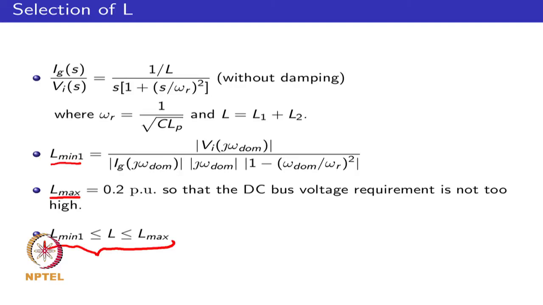We could also think about, in this particular case we are looking at what L is, but what we are really interested in is what L1 should be and what L2 should be. So the question is, how should we split the L between L1 and L2?